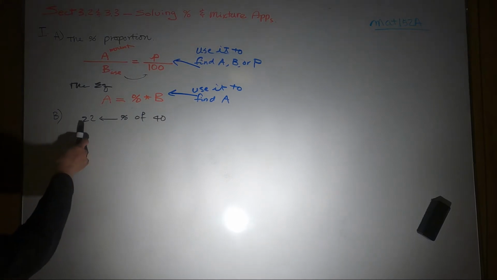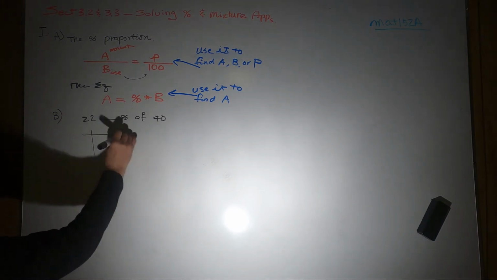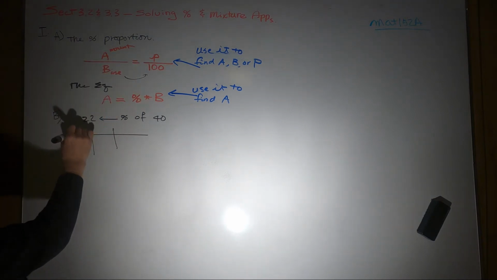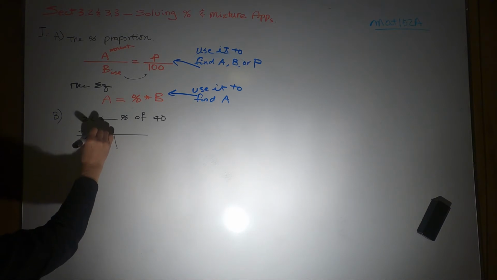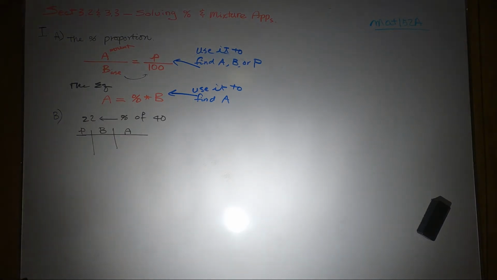So for this one, 20 is what kind of percentage of 40? So it's easier if we write it this way. Total, we have three variables, P and B and A, right?